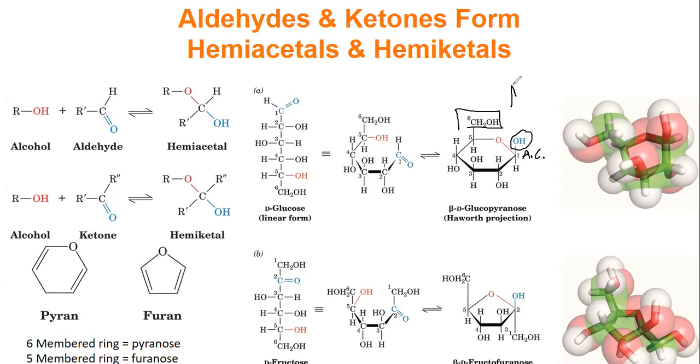If both are pointing in the same direction, so here they're both pointing above the ring, or if they're both pointing below the ring, we call that beta. If they are pointing in different directions, we call that alpha. So you can have an alpha sugar or a beta sugar.